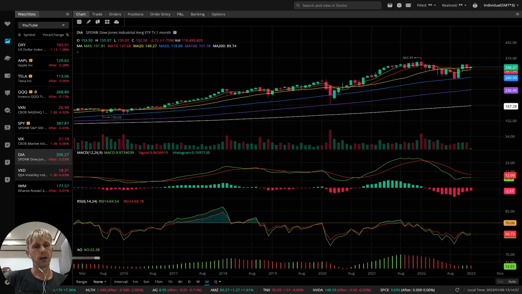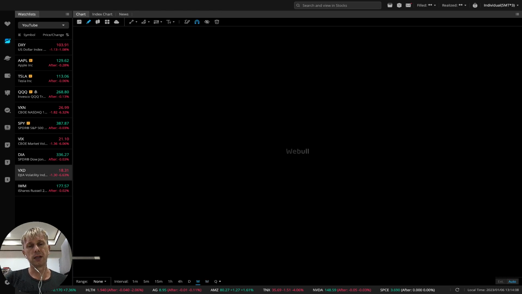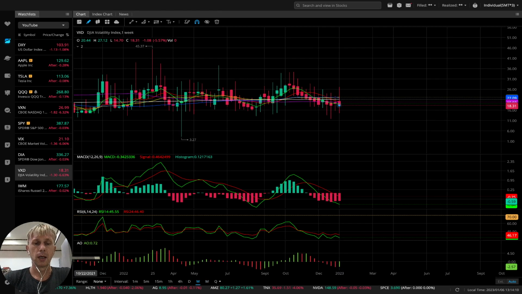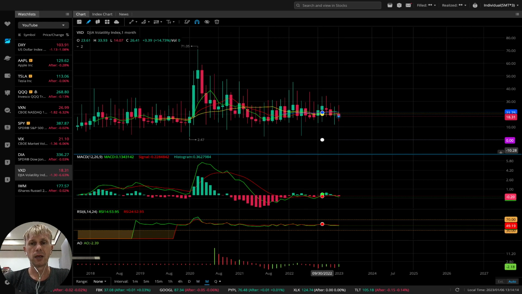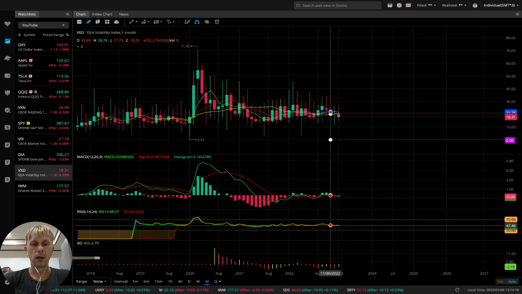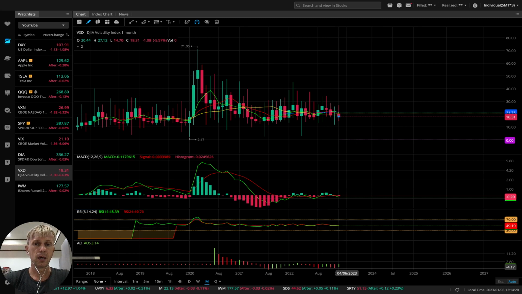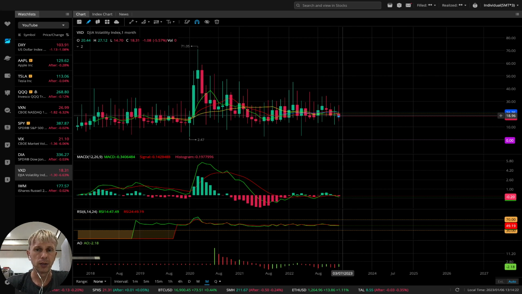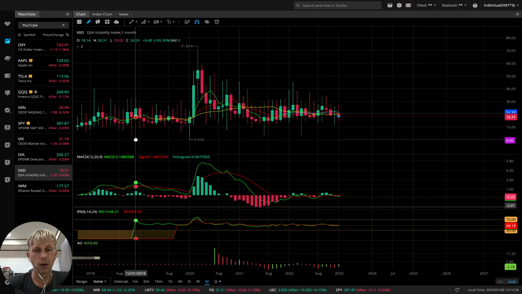Mixed mode. Volatility index VXD for Dow Jones. Let's check weekly. Weekly it's a bearish trend, bearish signal on MACD and RSI. Also oscillator green. On the moving averages it's a bearish trend. Bearish trend, it's bullish for Dow.